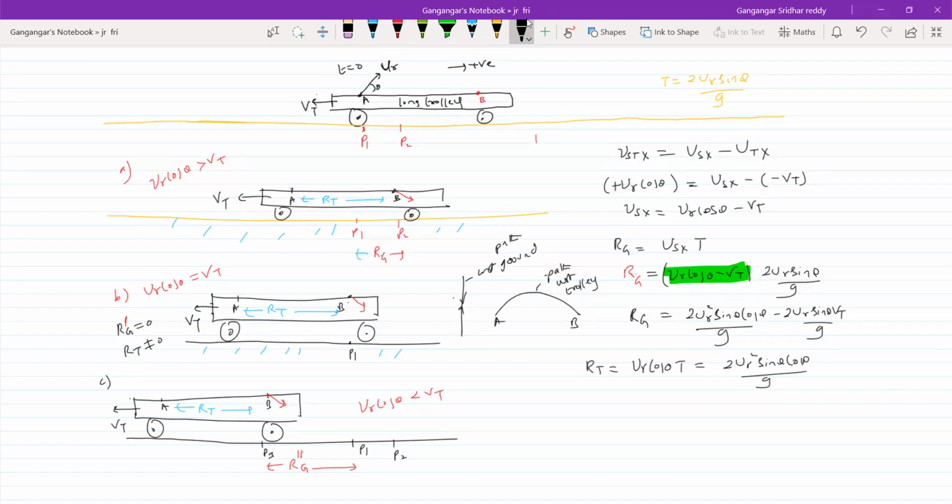Okay, fine. What about here, sir? Here, the path with respect to ground will be like this. With respect to trolley, it will be in this direction.